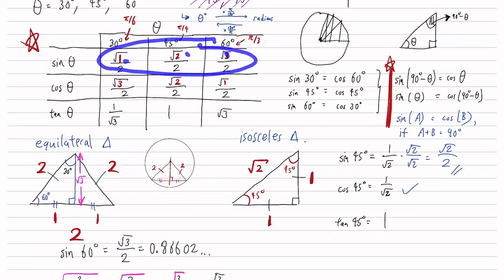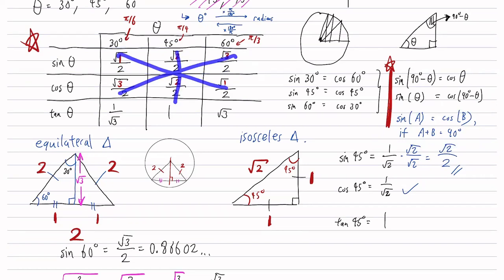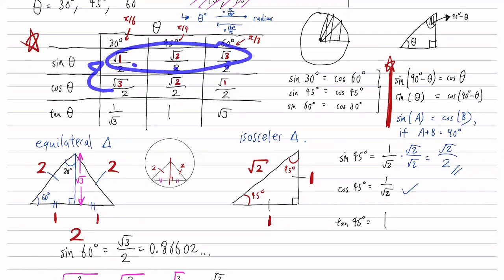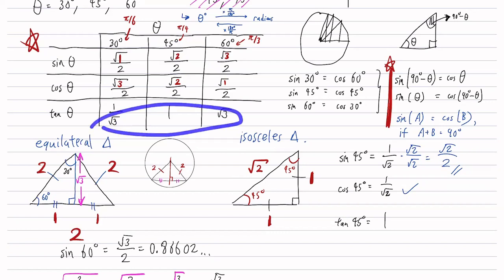Then after that, I use this identity to convert. So I know that this pair is the same, that pair is the same, that pair is the same. I bring everything back into sine first, and then I recall which of these three options is it. Tangent, I just memorize it. Okay, that's how I usually do it.